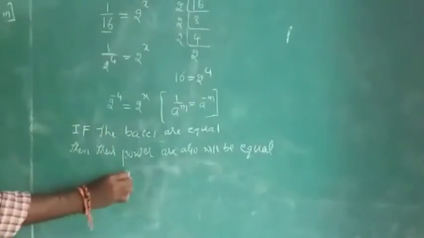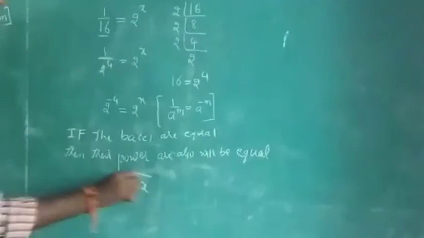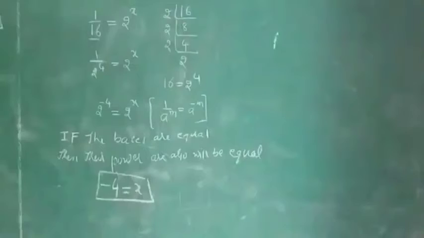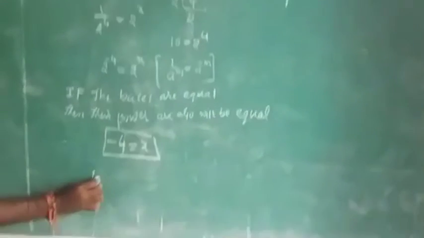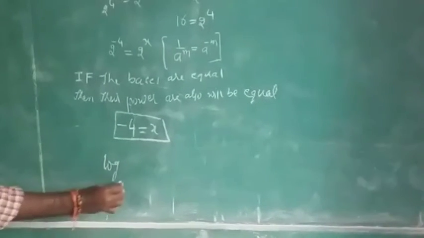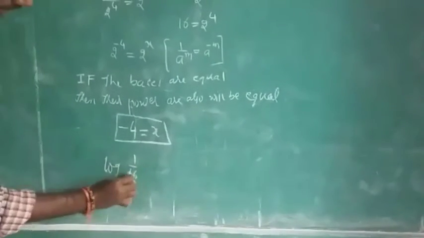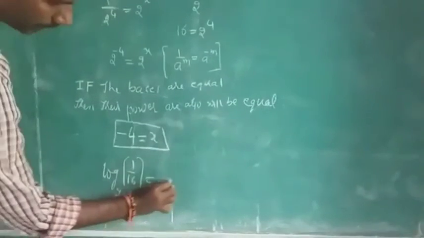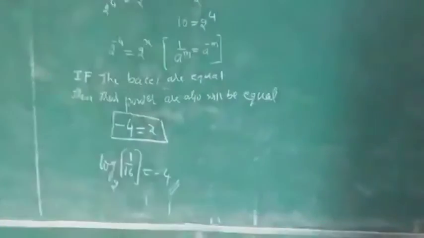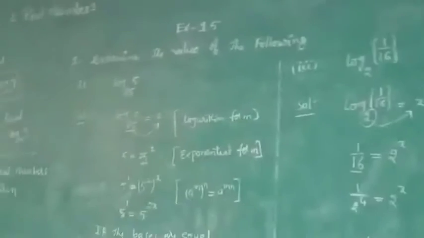So what do you write? Minus 4 is equal to x. Means x is equal to minus 4. Therefore, you can write log base 2 to 1 by 16, the value is minus 4. So you concentrate on these two problems once clearly.